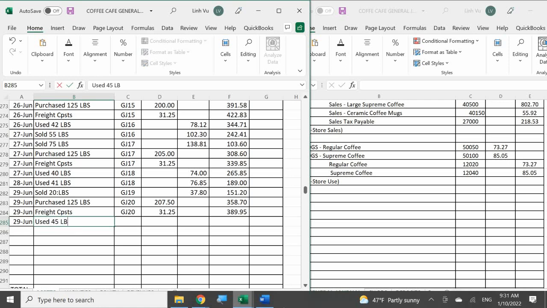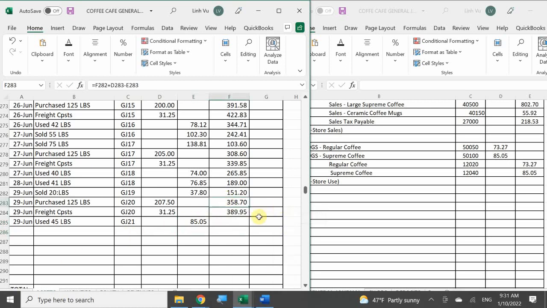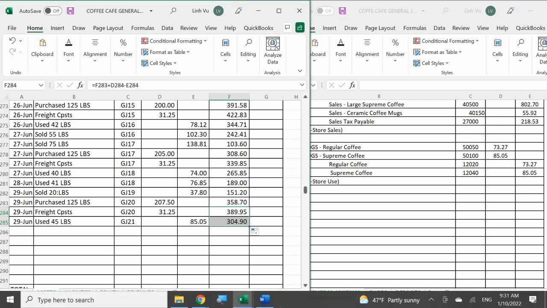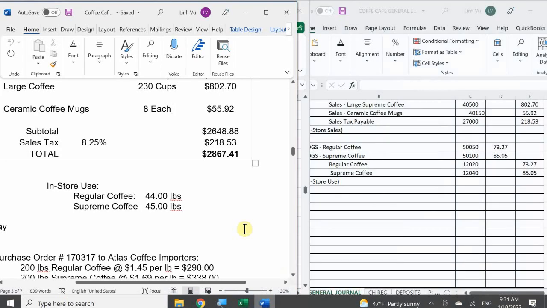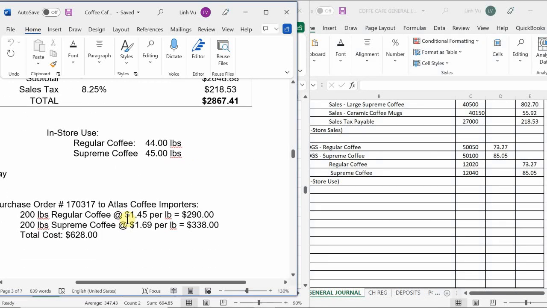We used 45 pounds for 85.05. So we should have 304.90. All right, we deposited the money and updated our inventory.